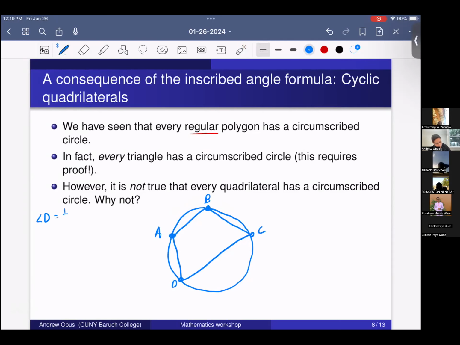So angle D equals 1/2 arc ABC. That's exactly what the inscribed angle means. And angle B, on the other hand, is an inscribed angle here. And so if I look at this arc, which is arc ADC, we have that angle B equals 1/2 arc ADC, right?